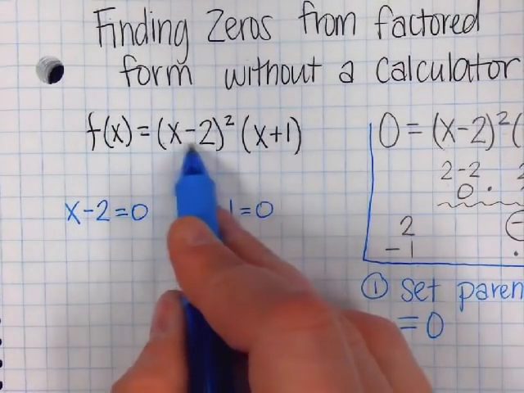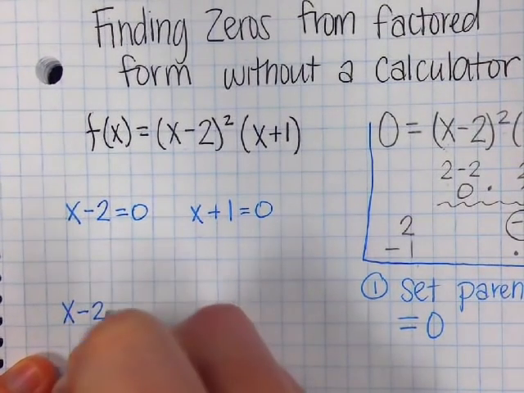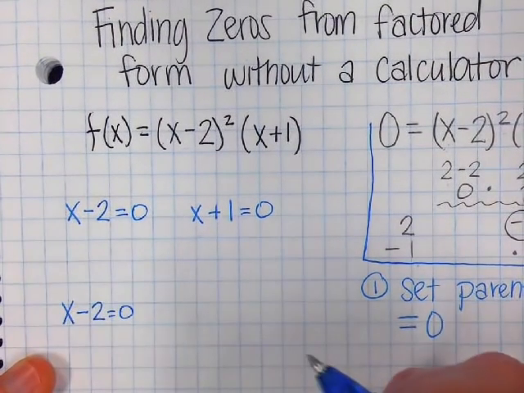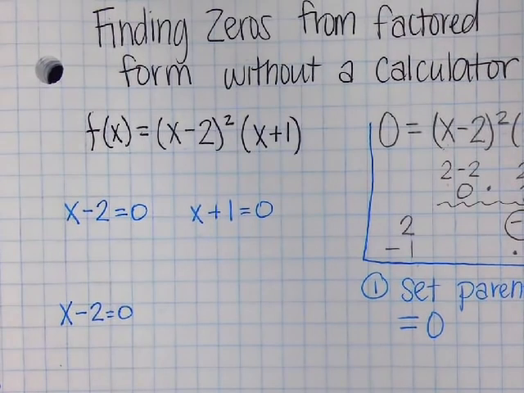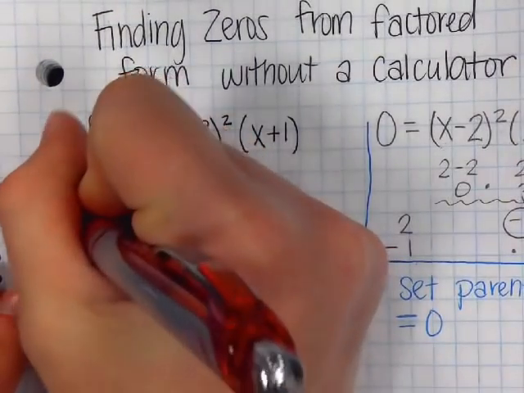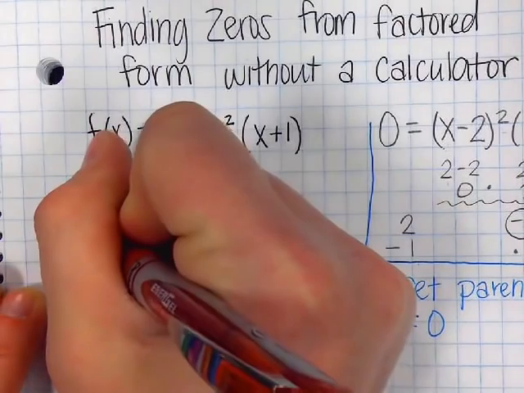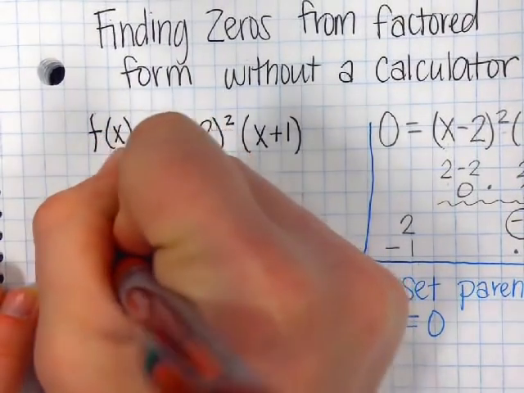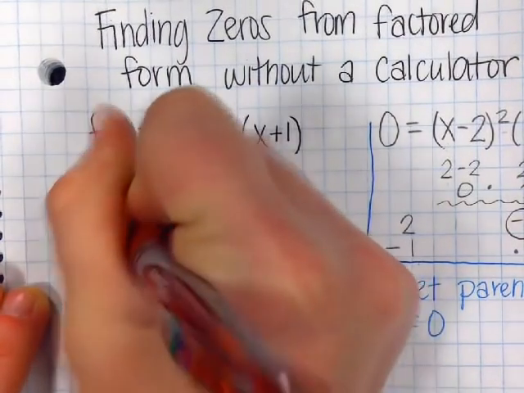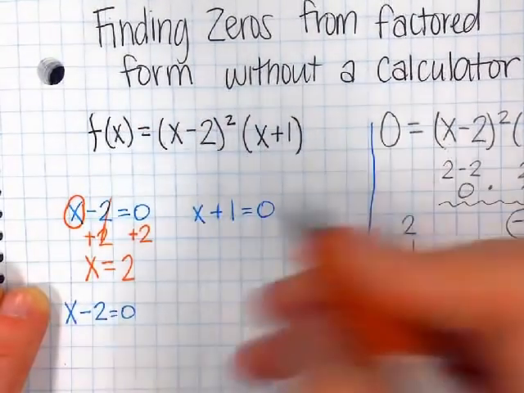Now, there is an x minus 2 squared, so I actually have 2 of those parentheses. And that's important for what we're going to talk about in just a second. So x minus 2 equals 0 and x plus 1 equals 0. So solve like you always do. It's actually pretty easy. So opposite of subtract 2 is add 2. Add 2. So then one of your solutions is 2.